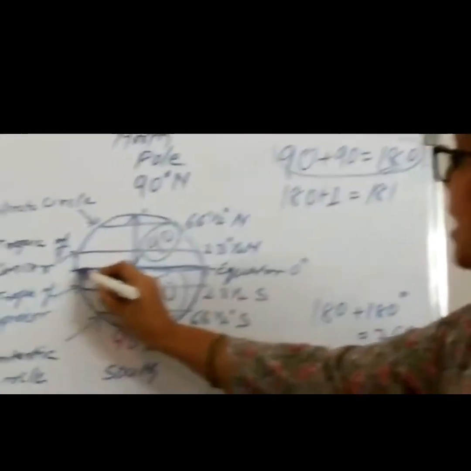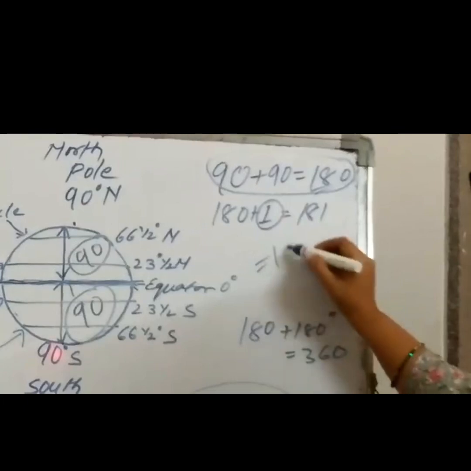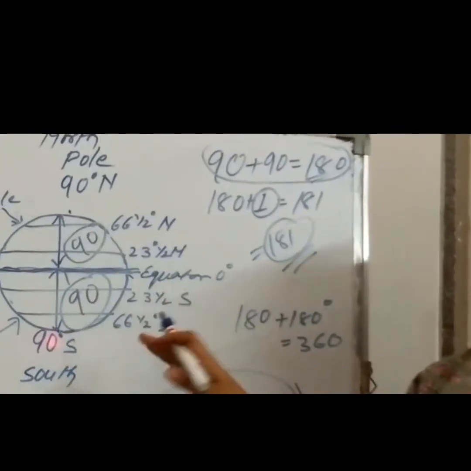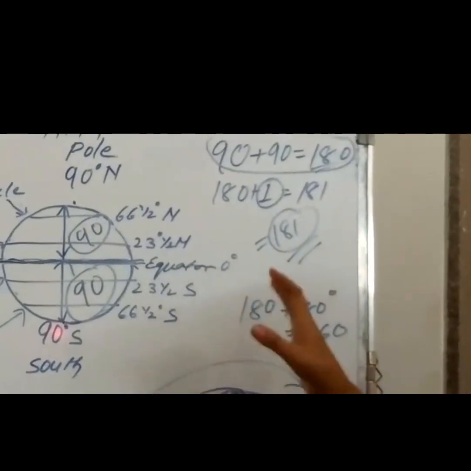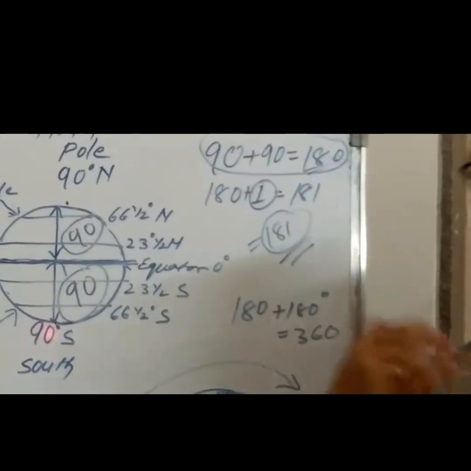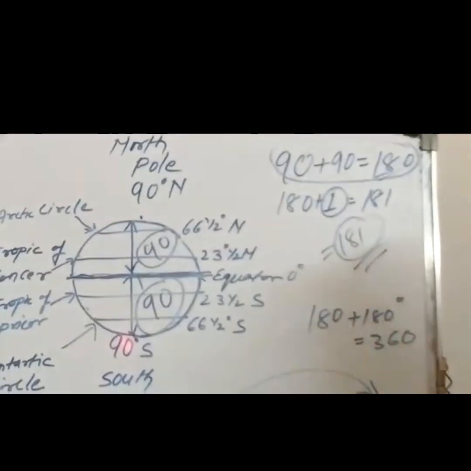But when we consider the equator as 1, we have a total of 181 latitudes. These are all imaginary lines. These lines are nowhere on our earth. For our convenience, these lines are drawn. That's why these lines are called imaginary lines.